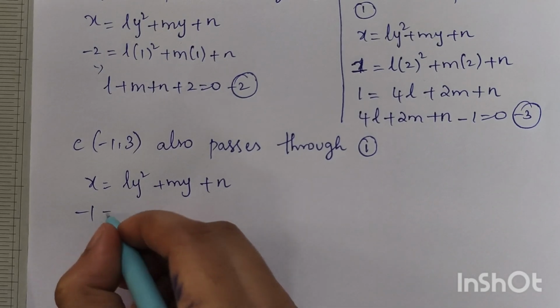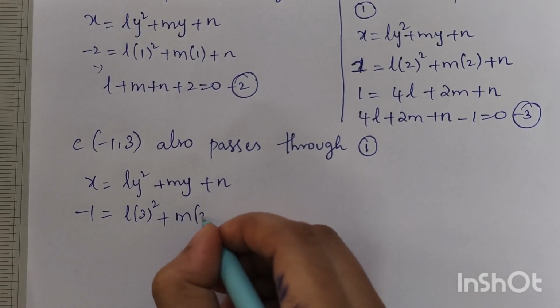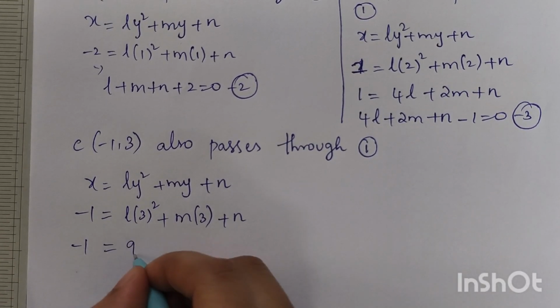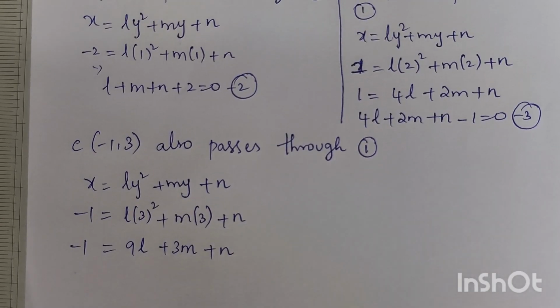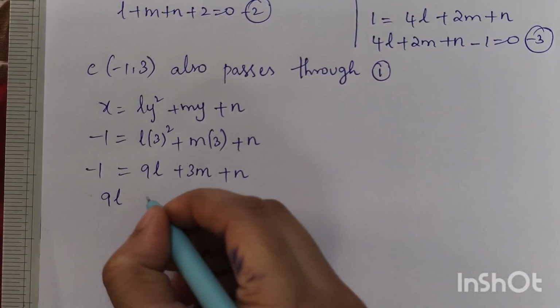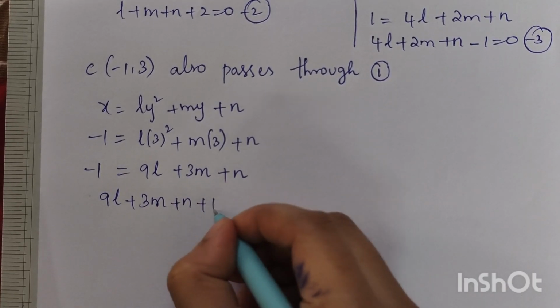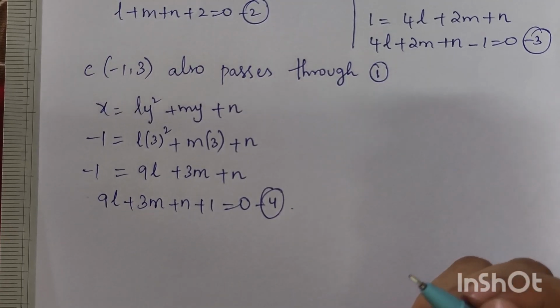So it is -1 = l into 3 square + m into 3 + n. So it is -1 = 9l + 3m + n. Now shifting this -1 here, it is 9l + 3m + n + 1 = 0. Take it as equation 4.